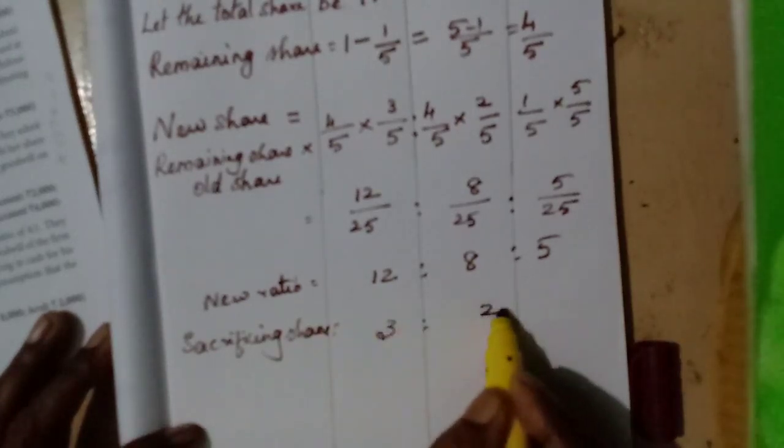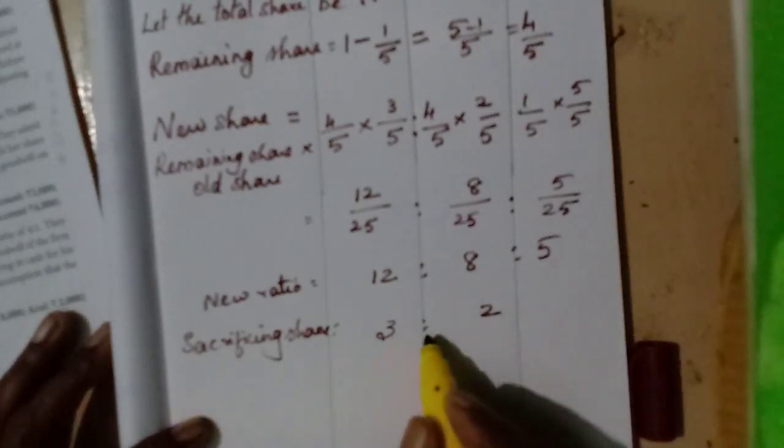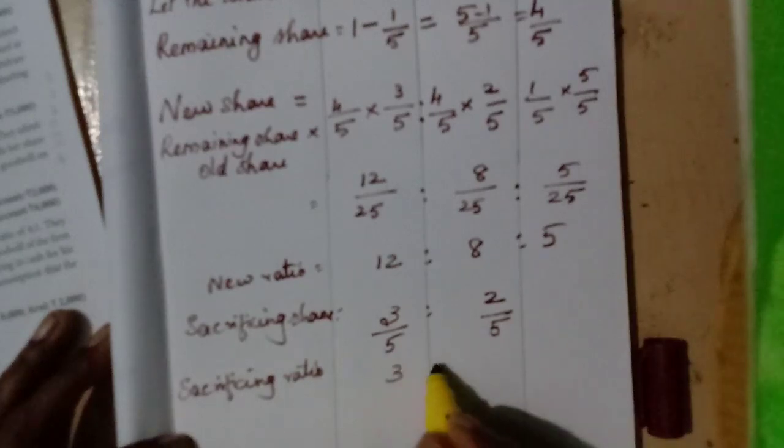Then the sacrificing share is the same as the old share, 3:2. The share means 3/5, 2/5. Then the sacrificing ratio is 3:2, the same.